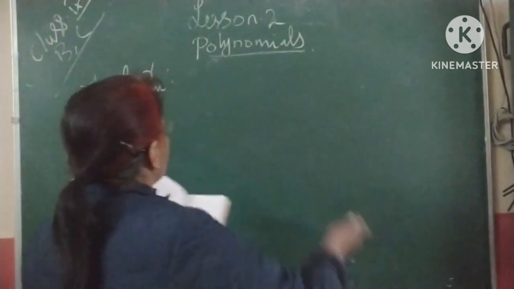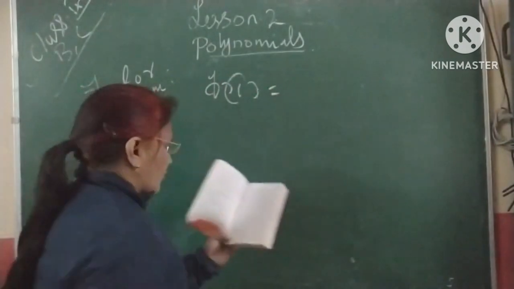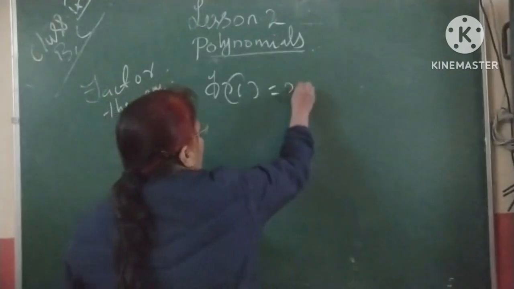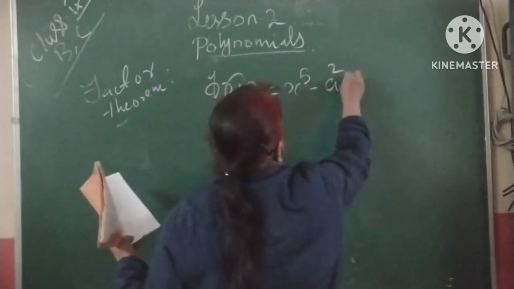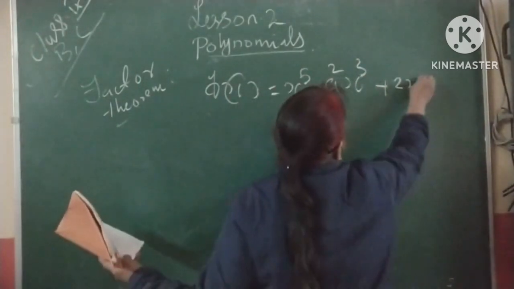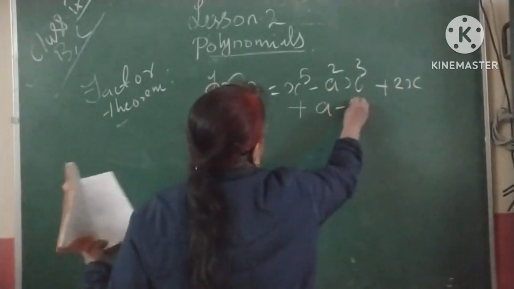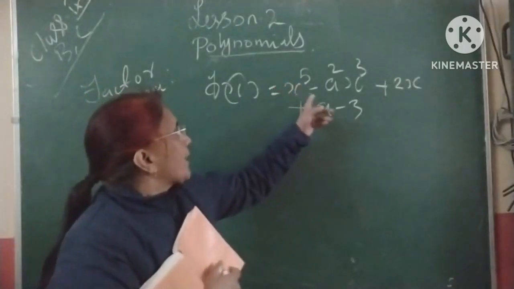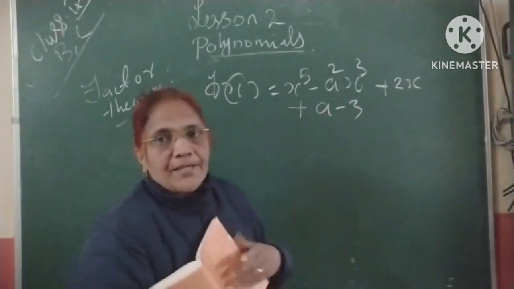We can write first f of x equal to x to the power 5 minus a square x cube plus 2x plus a minus 3.